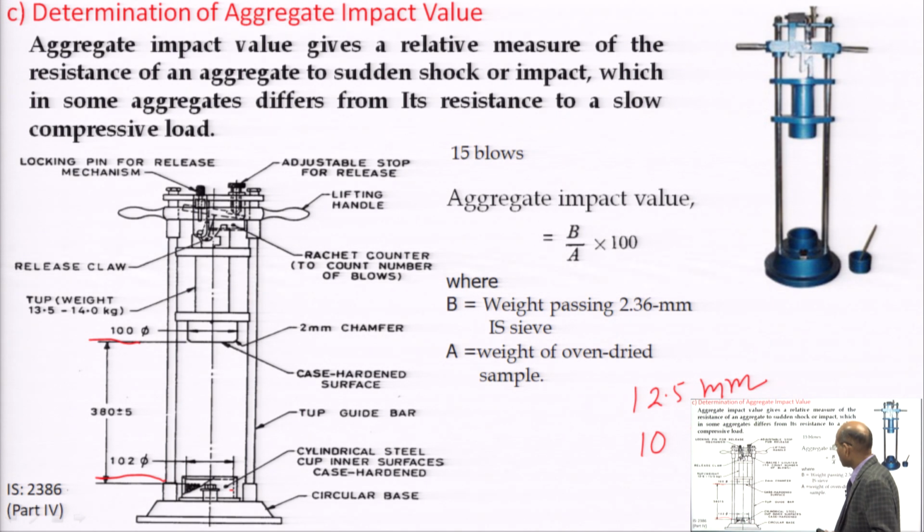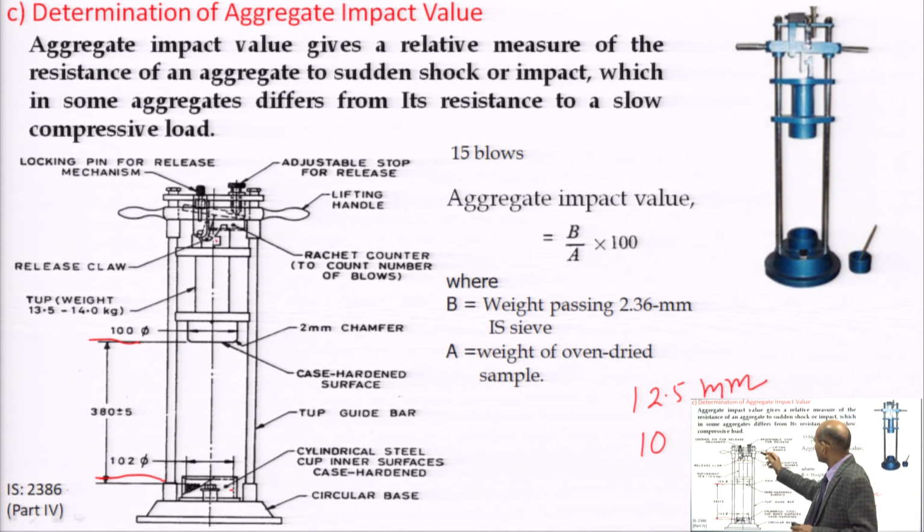You also have to tamp it with the help of a bullet-ended rod in 3 layers, and after that place it in position and lift the plunger to the standard height, where it is held in the clutch.